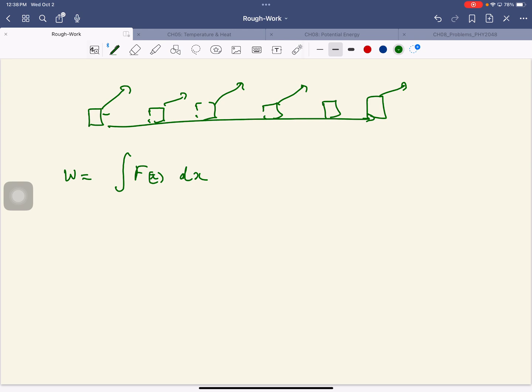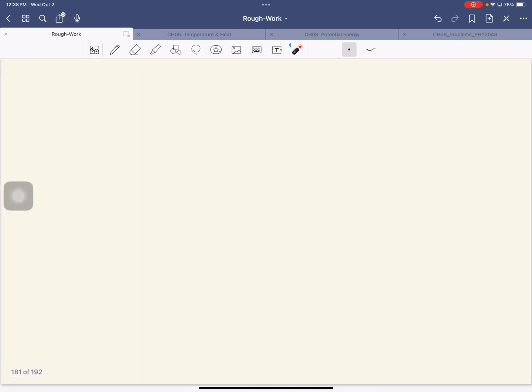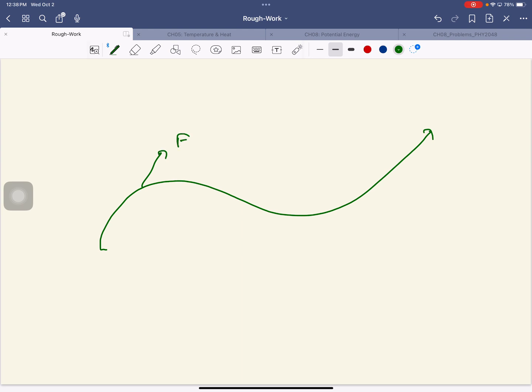All right, so that was when your object is still moving in a straight line, and you let the force change over that distance. Then the third case was, now you generalize everything. You generalize the trajectory and you let the force change as well. So your object is moving from this point to that point.